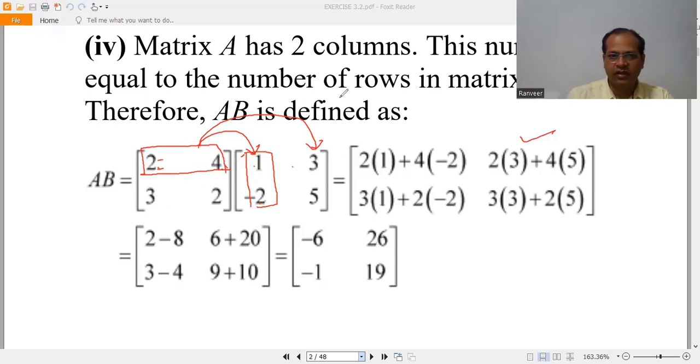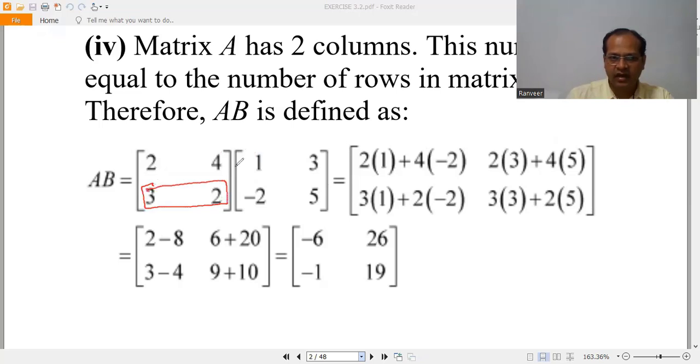This is A12. Now the same way, second row, first column: 3 into 1, 2 into minus 2. After that, 3 into 3, 2 into 5. So the value is 2 minus 8, 3 minus 4, 6 plus 20, 9 plus 10. So this is the 2×2 matrix.